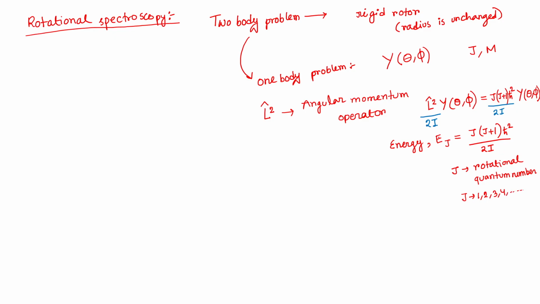Why can't it be 0? Because if it is 0, then it can be actually 0. I am sorry. It can be 0. Is it 0? Let me check it once.